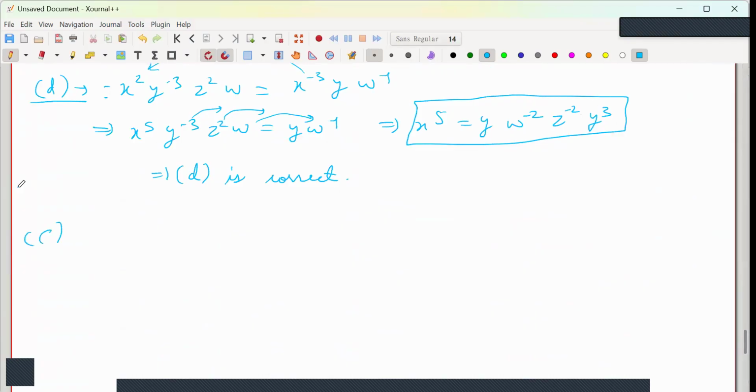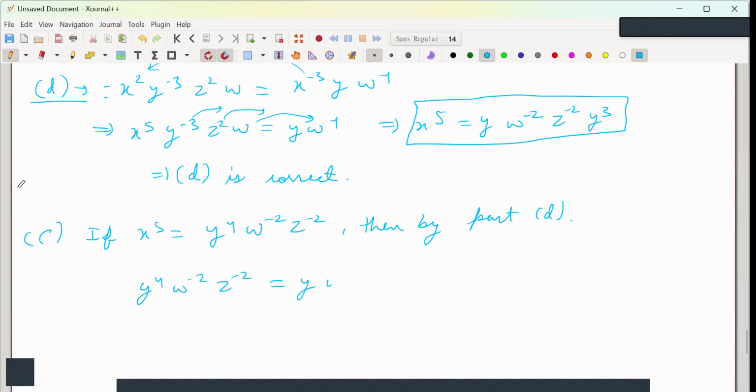For C, here x5 is given to be y4 w minus 2 z square. Then by part D, this should be equal to this. That implies y4 w minus 2 z minus 2 should be equal to y w minus 2 z minus 2 y cube, right?